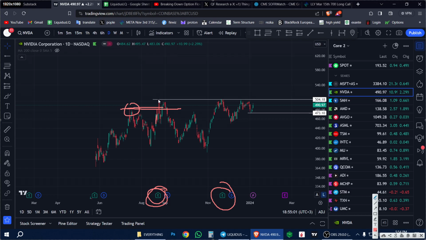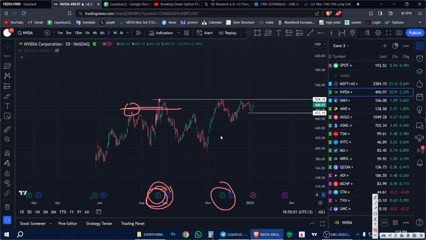We closed it just at the open on this day, and you've seen that we were unable to break into the all-time highs and to establish another move higher from here, even though the earnings were incredibly good. They were very, very strong, confirming this thematic flows coming into Nvidia.